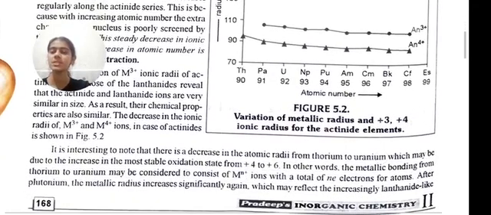It is interesting to note that there is a decrease in the atomic radii from thorium to uranium, which may be due to the increase in the most stable oxidation state from +4 to +6. In other words, the metallic bonding from thorium to uranium may be considered to consist of N+ ions with a total of N electrons per atom.